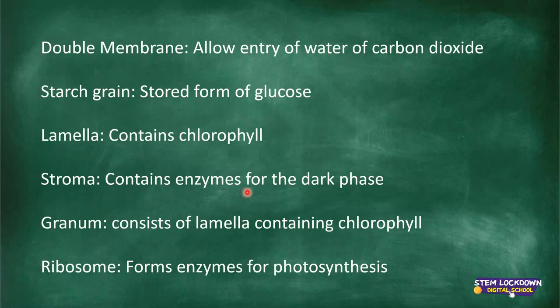All right, I think we are done now. So these are the functions of each of the components found in the organelle called the chloroplast. The starch grain stores glucose. The lamella contains chlorophyll. Guys, again, do not confuse chlorophyll with chloroplast.